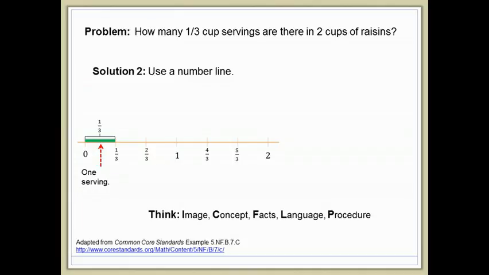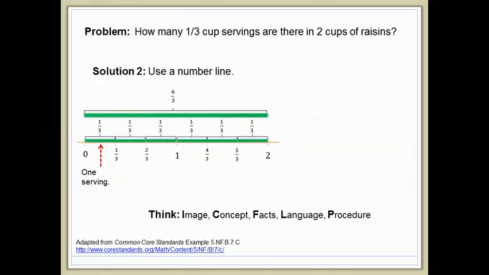To see how many of these servings we have altogether, we simply count the number of thirds that we have in our 2 cups, and we replicate this and add them up and see that we have 6 thirds. But each third is 1 serving, as we said here, so 6 thirds, or 2 cups, represents 6 servings.